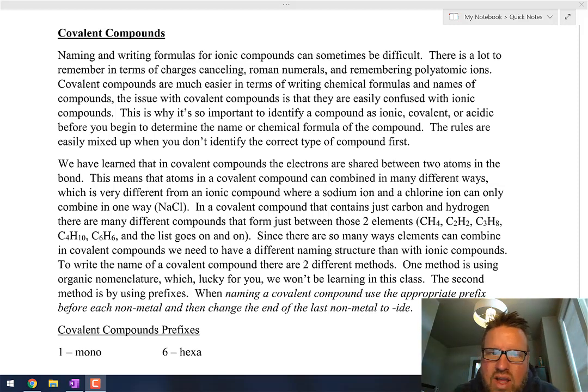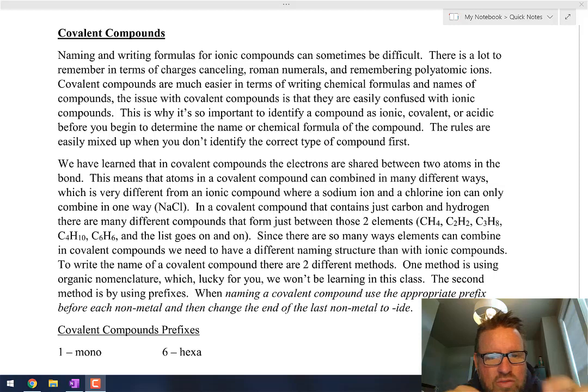Because if it's ionic, then again, you have to cancel the charges, you got to think about Roman numerals, the polyatomic ions, etc. If you identify it as being covalent, then we're going to learn right now how to do that one differently. So remember that in an ionic compound, there's a positive charge and a negative charge, because the positively charged particle has lost one or more electrons and has transferred those electrons to the non-metal, the negatively charged one.